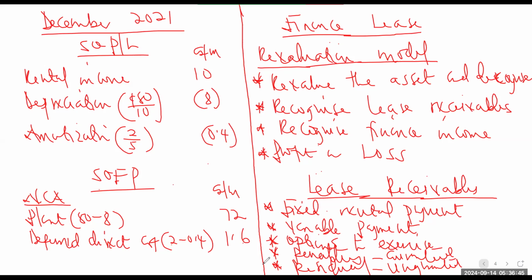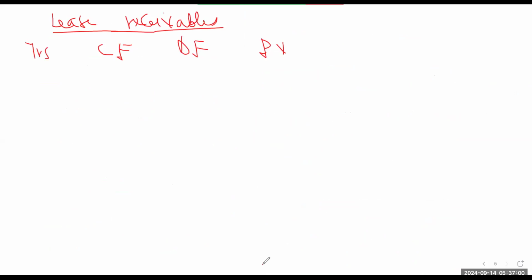That one is something that is based on a production level, which can be achieved or cannot be achieved. So we only recognize that particular one when the performance target has been achieved. But the variable payment over here is based on something that the entity has no control over. It's not based on performance condition. It's based on the inflation rate of the economy.